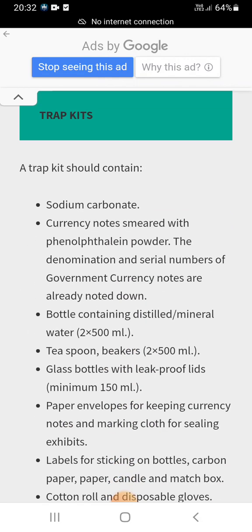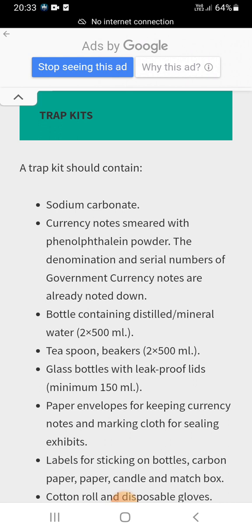When we reach the scene where the trap case occurs, we have a kit with us having many chemicals like sodium carbonate, bottles having distilled water, and glass bottles with leak-proof lids.